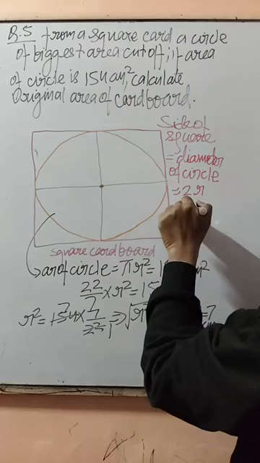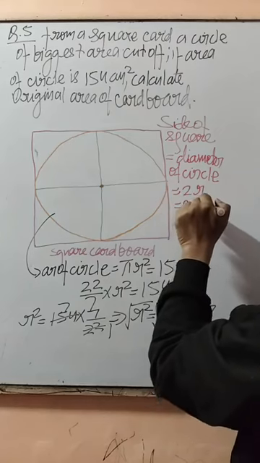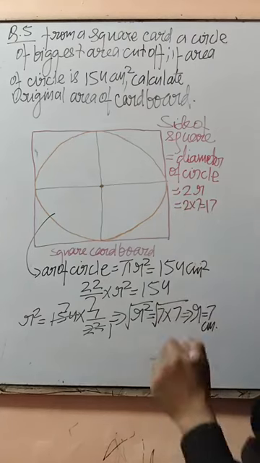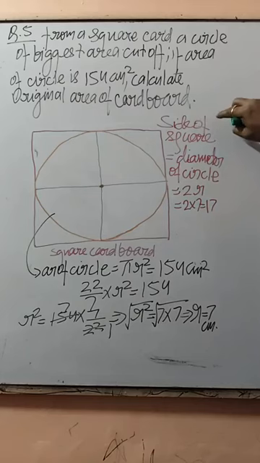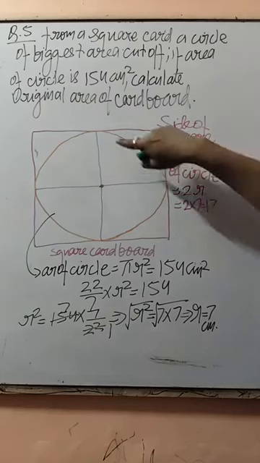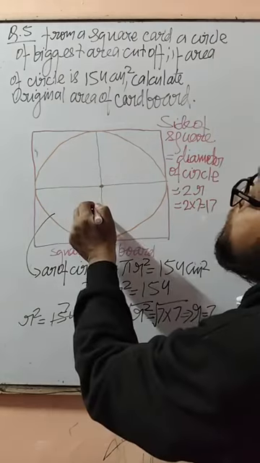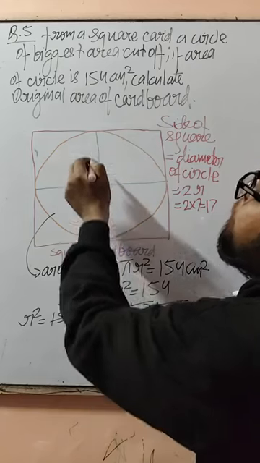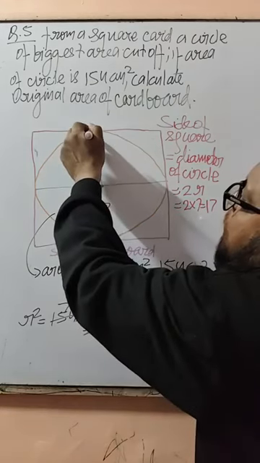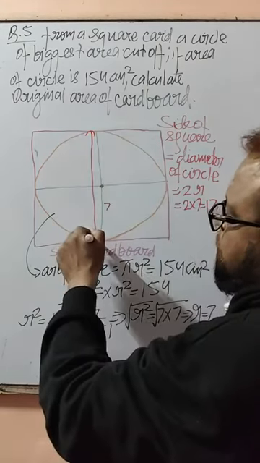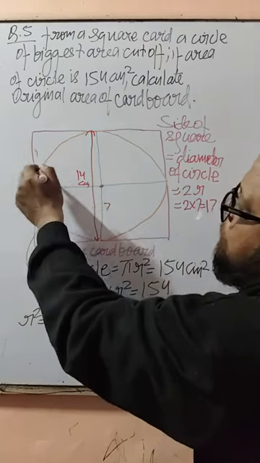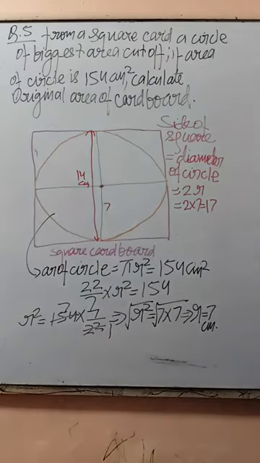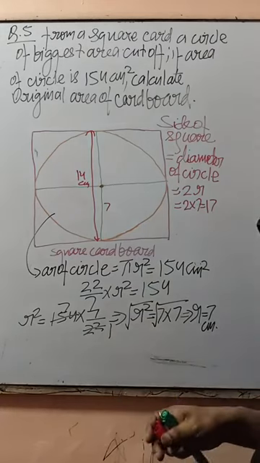So it becomes 2 into 7, it becomes 14. Right? Side of a square is the diameter of the circle, and this radius is 7 centimeter. And this diameter is 14 centimeter. And diameter is equal to side of a square. Right?